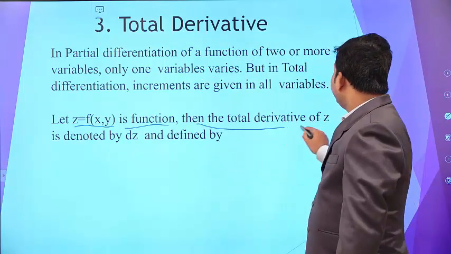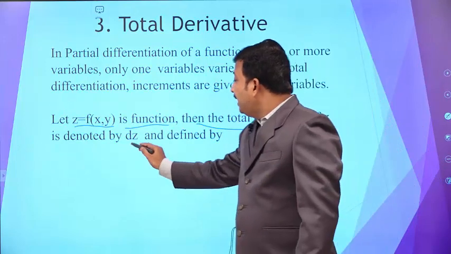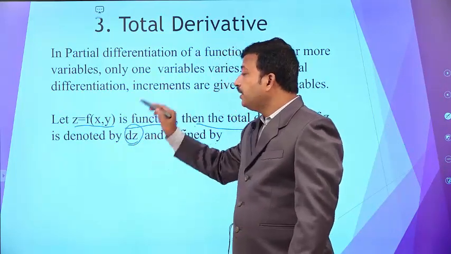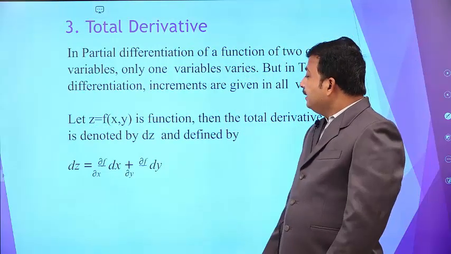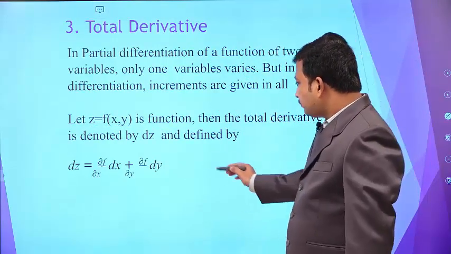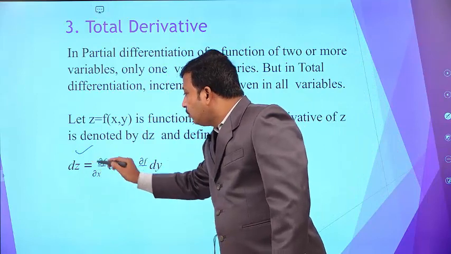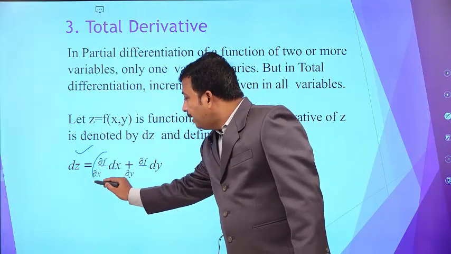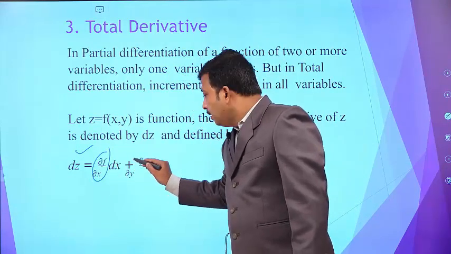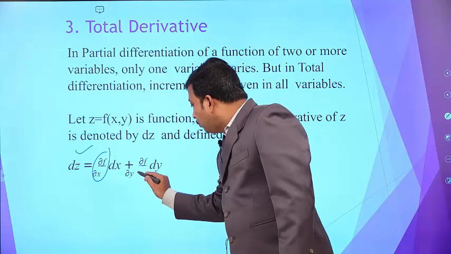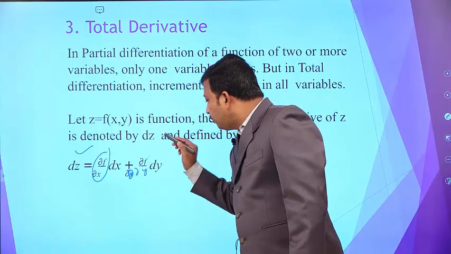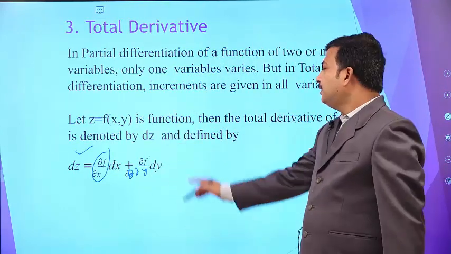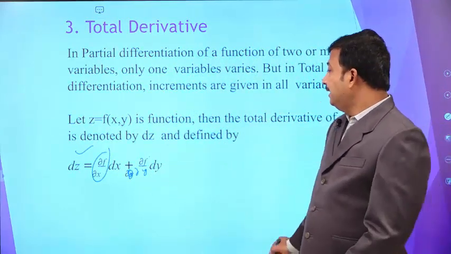Then the total derivative of z is defined by dz, and it can be written as dz = ∂f/∂x dx + ∂f/∂y dy. That is nothing but the total derivative.